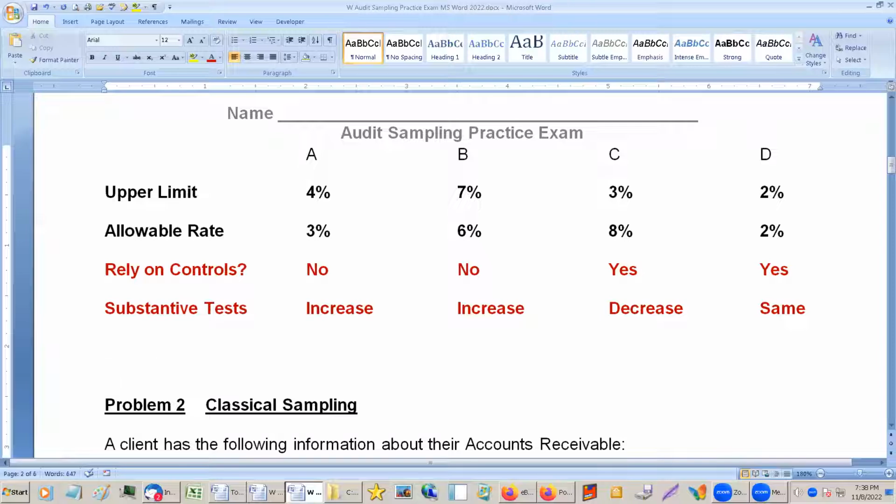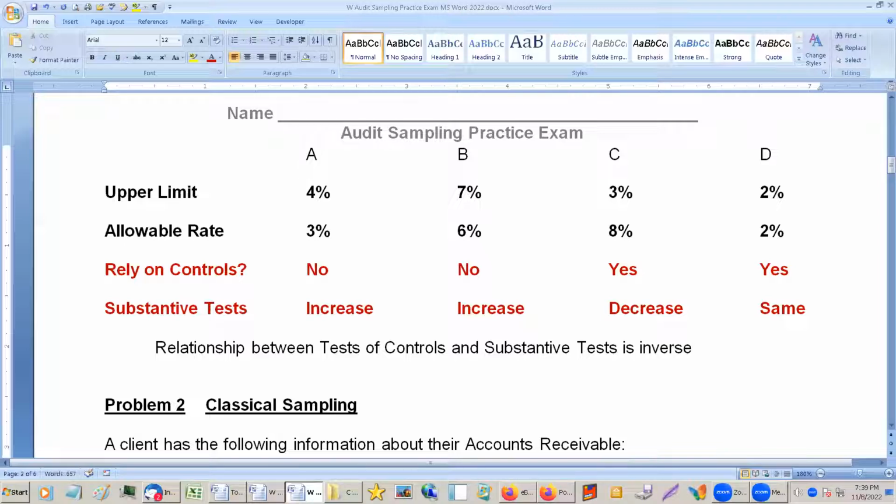The relationship between tested controls and substantive tests is inverse.